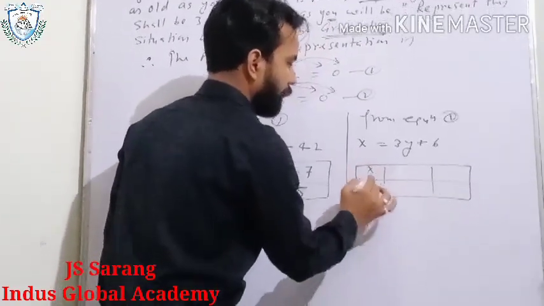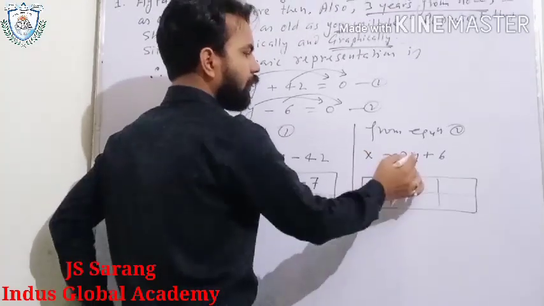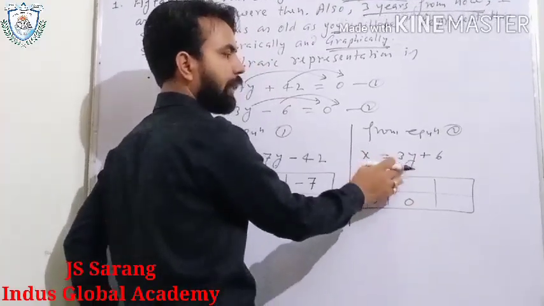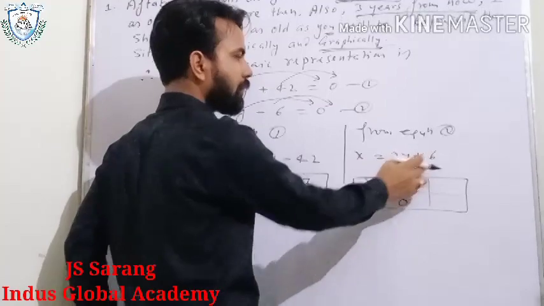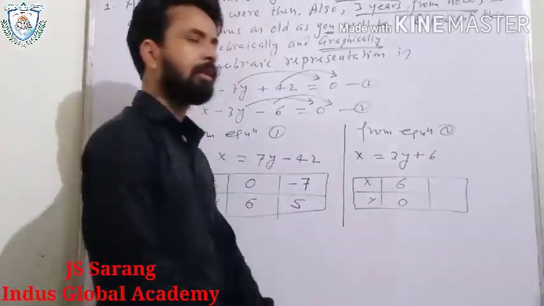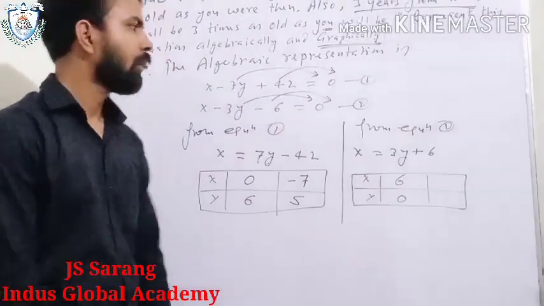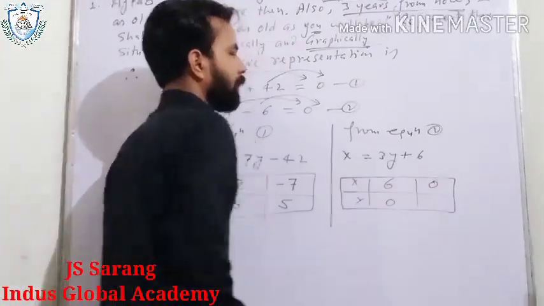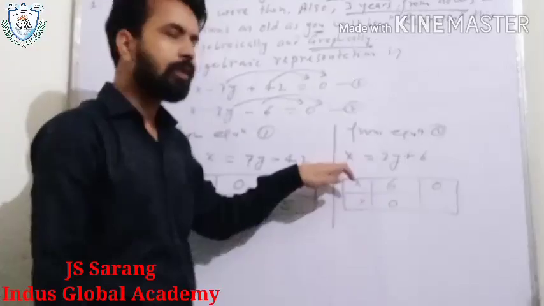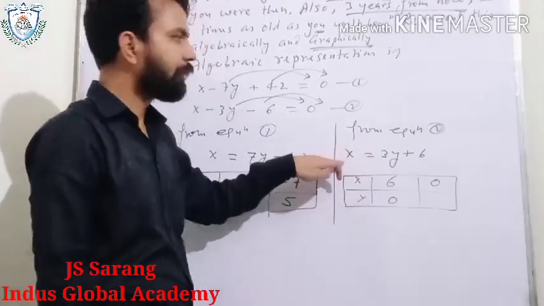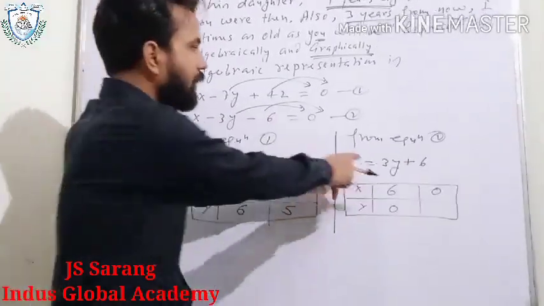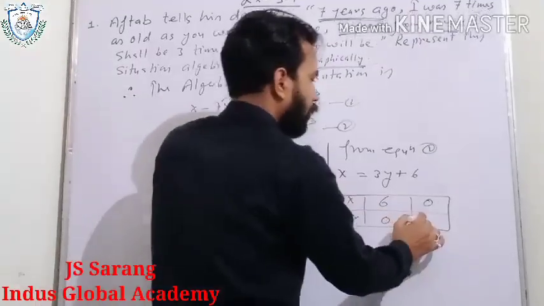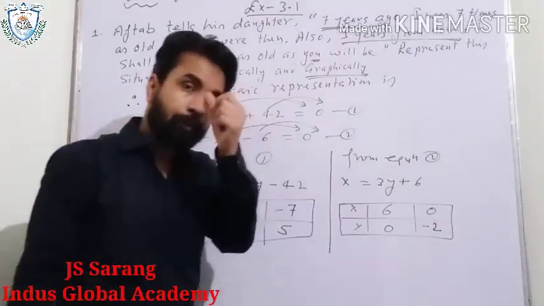Now we have to find the points for this equation, x and y. If we put y equal to 0, so 3 into 0, 0 plus 6, then x will be 6. Clear? Okay. Or if we put x as 0, so 3y plus 6 equal to 0, then this 6 will be shifted here, minus 6, and minus 6 upon 3, then y is equal to how much? Minus 2.